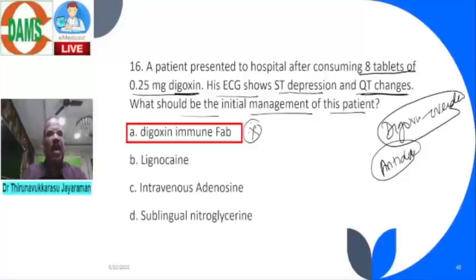For example, if there's a ventricular tachycardia, we can go for lignocaine. If there is a QT prolongation, we can go for MgSO4. If there is a hypokalemia, we can correct by using KCl. So anyway, the choice will be digoxin antibody called Digibind or immune Fab portion of Digibind.